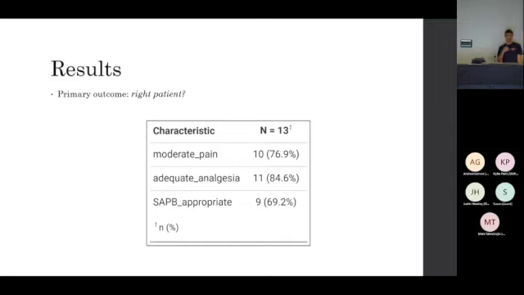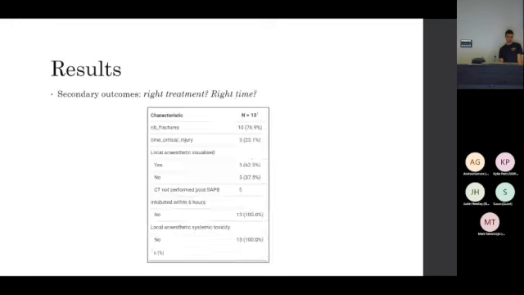That was any ketamine, or at least 0.1 milligrams per kilogram of morphine, or 1 microgram per kilogram of fentanyl. If they met those criteria, we thought this patient was appropriately selected, and 69.2% met them.